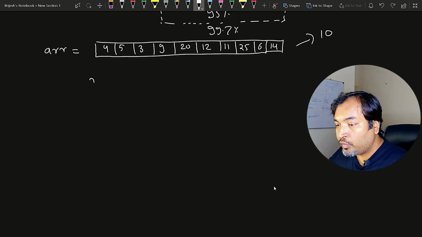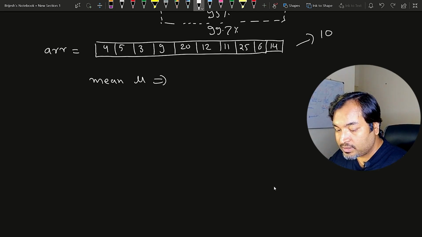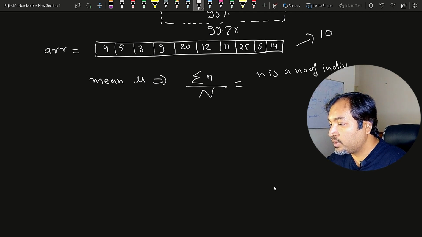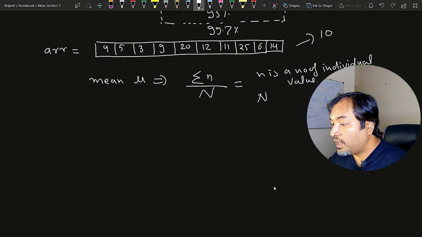So what would be the mean here? Mean, which we denote with mu, is the summation of n divided by capital N, where n is an individual value and capital N is the length of the array.